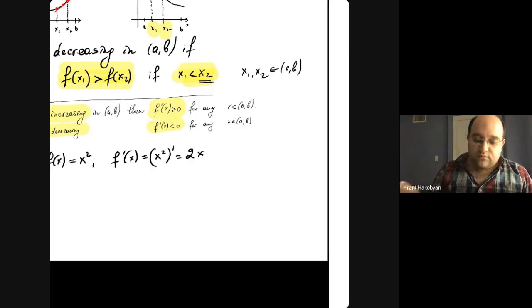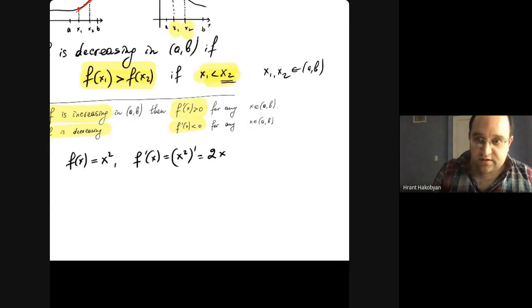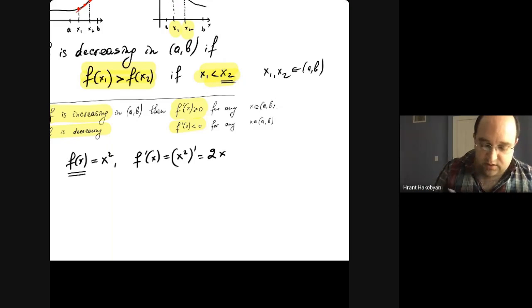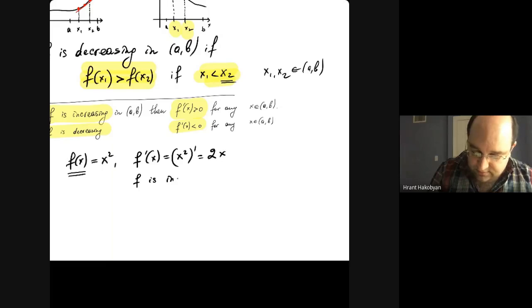Well, when is f increasing? f is increasing whenever the derivative is positive. So f is increasing is the same thing as saying the derivative is positive.